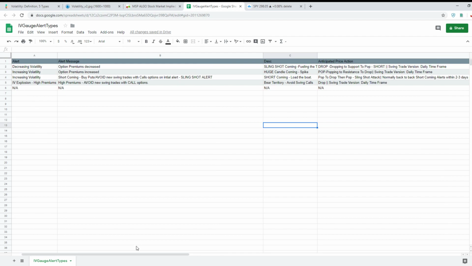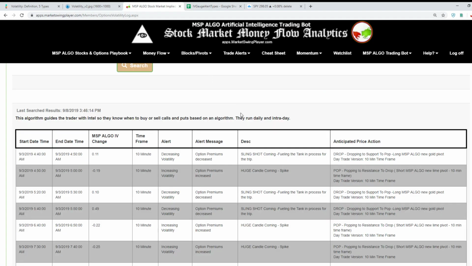And then we have the bear territory, and the price action for that is drop, and that's it. Okay, so you could really take trades just based on this, but that's not what it's designed for.